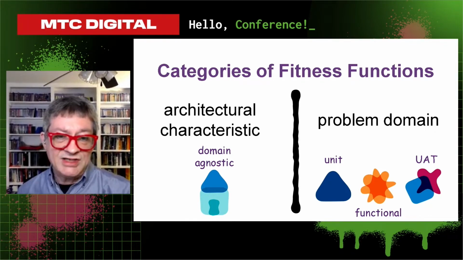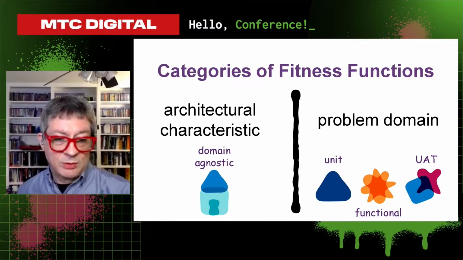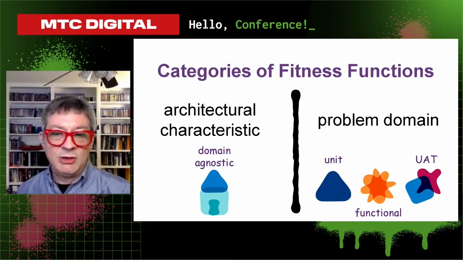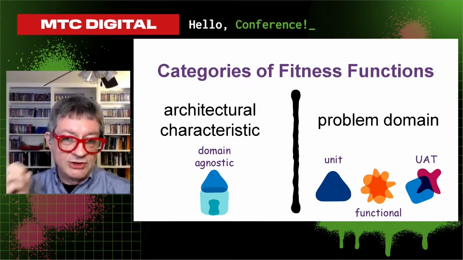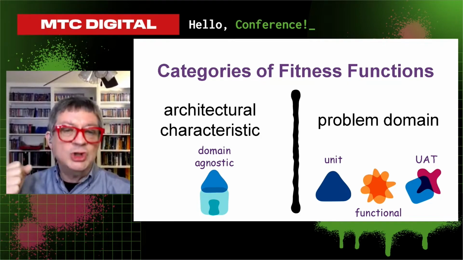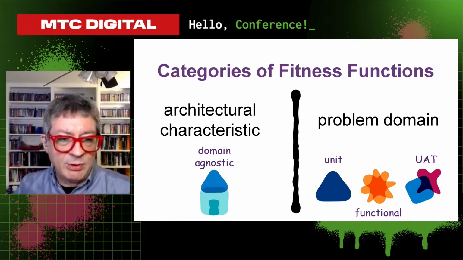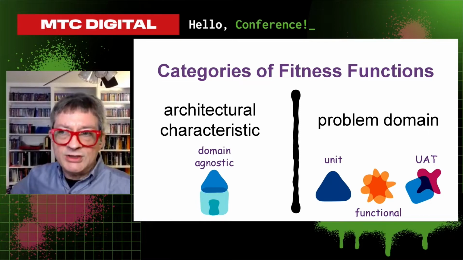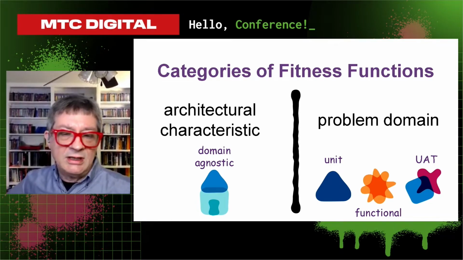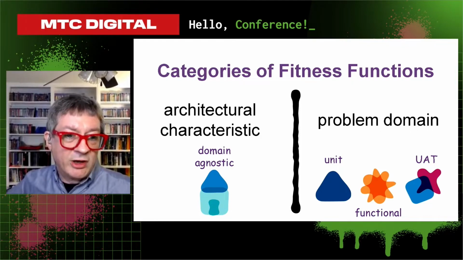So, for example, elasticity as an architectural characteristic. That is the ability to handle a burst of new users all of a sudden. So several thousand new people showing up to a website, for example, all at the same time. Notice I can talk about elasticity purely in the abstract. It doesn't matter what kind of site I'm talking about.